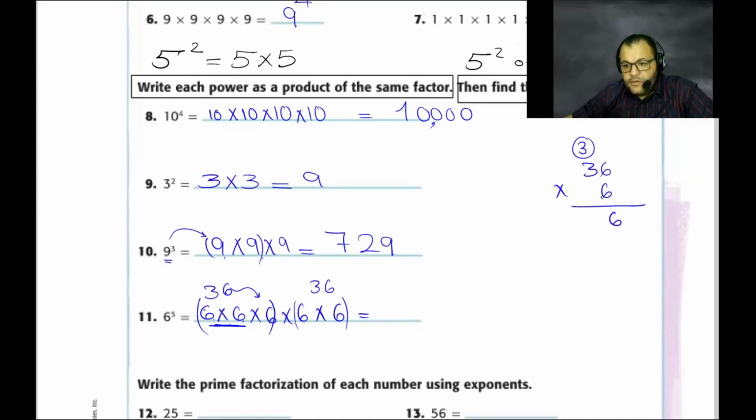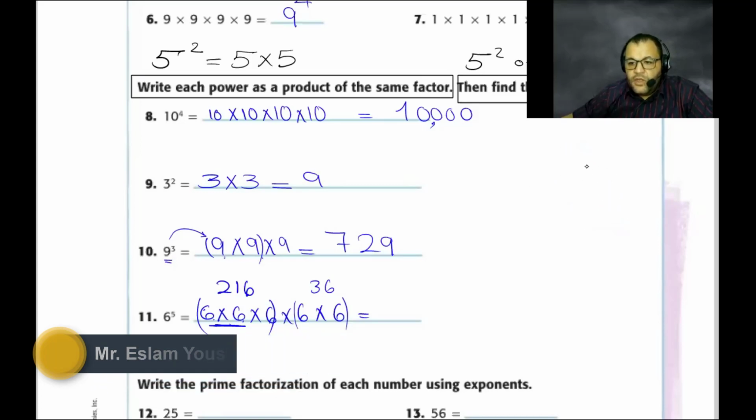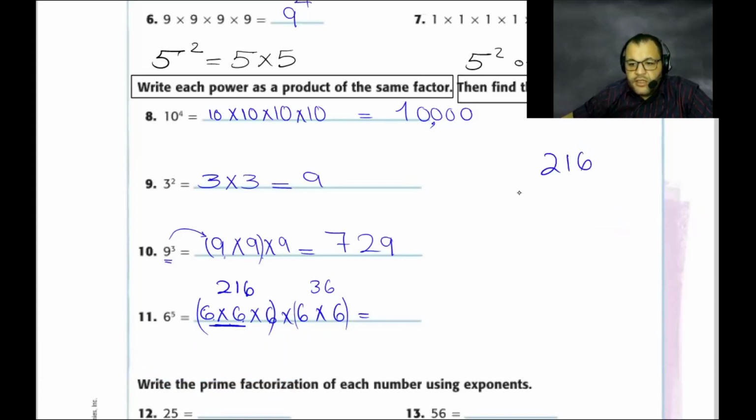Okay, solve slowly. 6 times 3? 6 multiplied by 3 equals 18. Plus 3, 18 plus 3 equals 21. So the answer of the first group is 216. The answer for the second group is 36. So now we're going to multiply 216 times 36. How are we going to multiply this one?